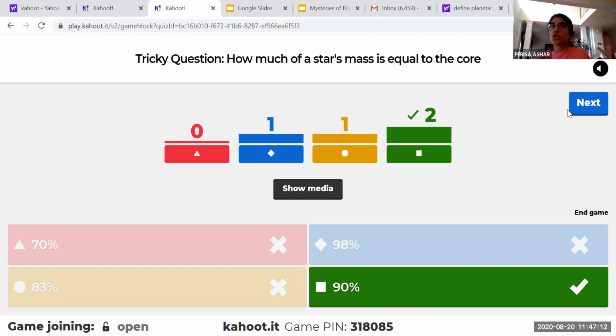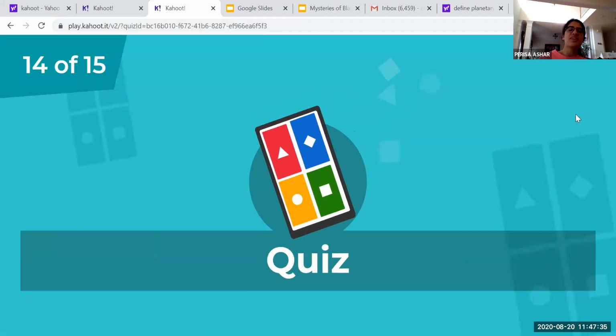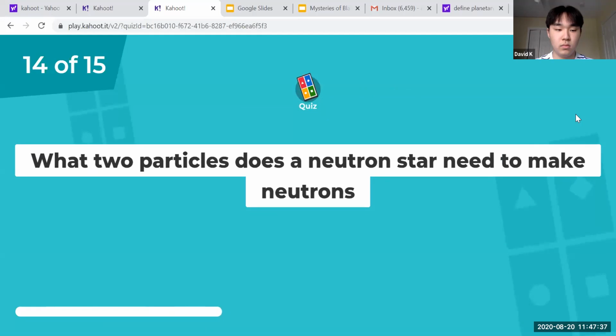So since a majority of the nuclear fusion occurs at the core, you can guess that a large percentage of the star's mass has to be the core. So yes, it's 90%. It wasn't in the presentation, but it was a tricky question. Good job, everyone who got that correct.